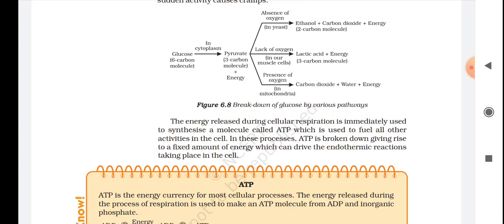So this respiration involves the Krebs cycle and ETS. Here you have to focus on these 2 points: in aerobic respiration, two steps are involved. One is the Krebs cycle and the second is the ETS. ETS full form is electron transport chain.